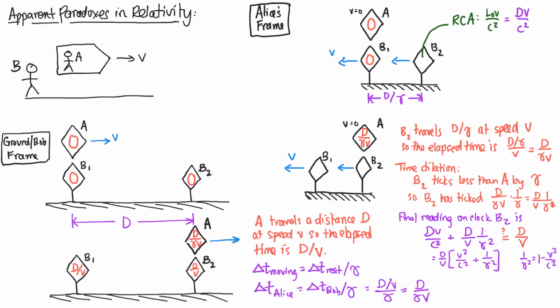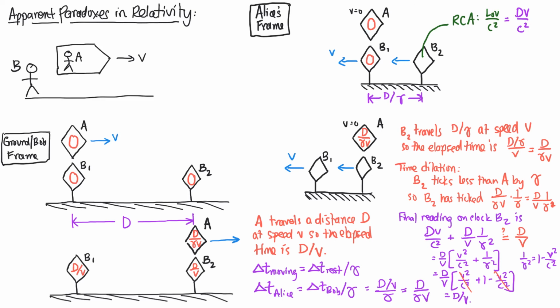Remember, if you have a 1 over gamma squared, you should rejoice, because that's a nice clean quantity, easy to work with. So we have d over v times v squared over c squared plus 1 minus v squared over c squared. And lo and behold, the v squared over c squared terms cancel, and we are in fact left with d over v.